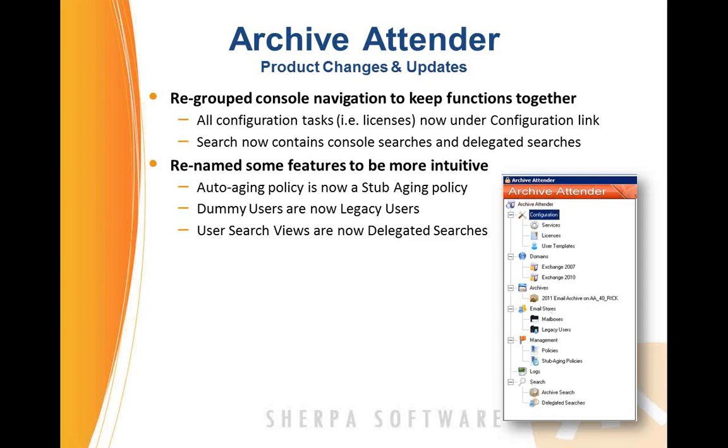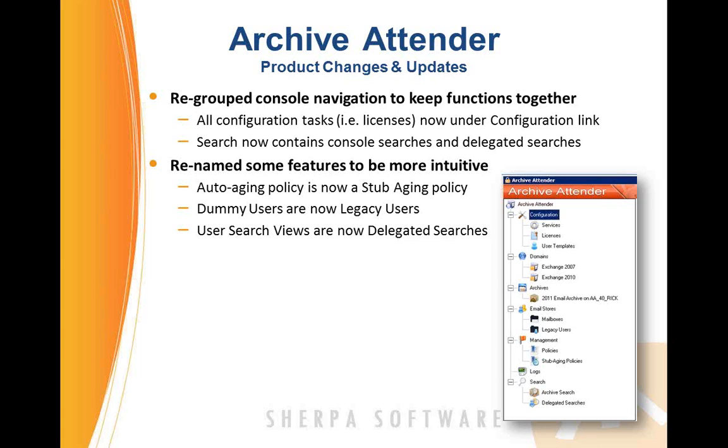We've also, in that same vein, gone ahead and renamed some of the options that are really confusing for new users in the product. So what used to be called auto-aging is now called stub aging, since what it does is change the behavior of stubs over time. People had a very difficult time with that one. We renamed the old dummy user option to legacy users.